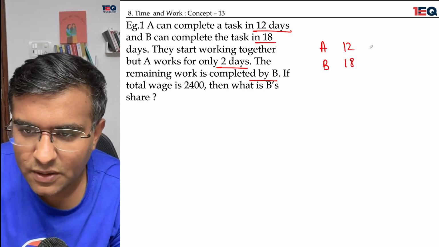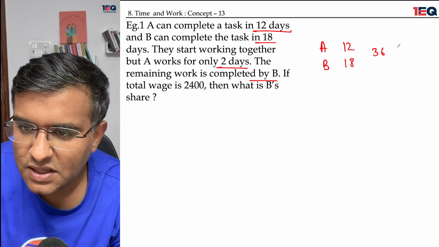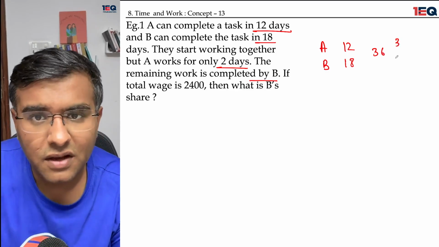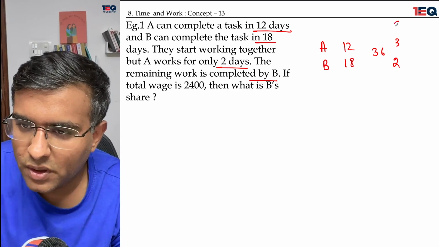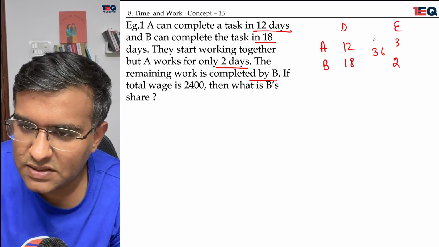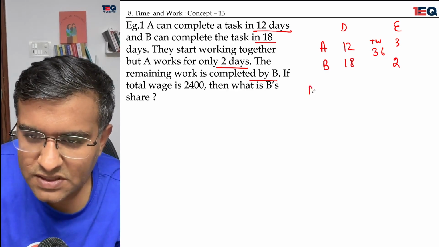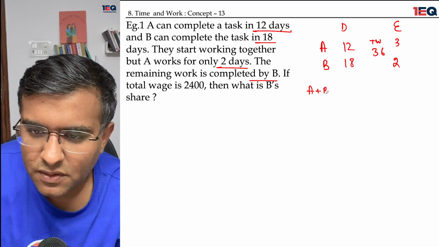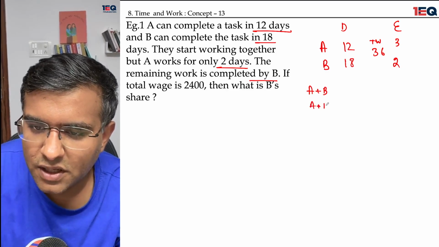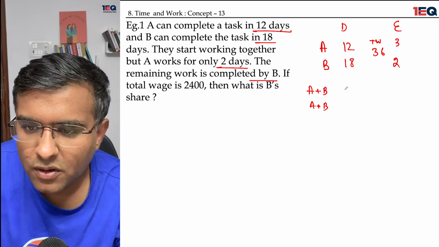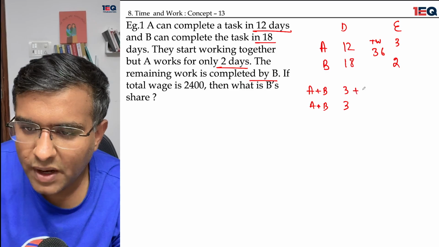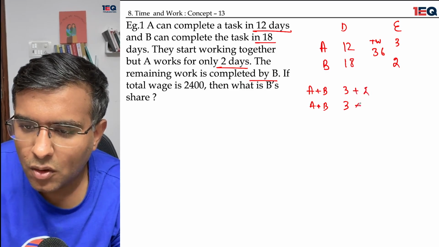Let me quickly find out the LCM. The LCM is 36. The efficiency of A is 3. The efficiency of B is 2. These are efficiencies, these are days, and this is total work. Let's assume they started working together. A plus B were working together. A contributed his efficiency of 3 only 2 times, but B was working all day long.